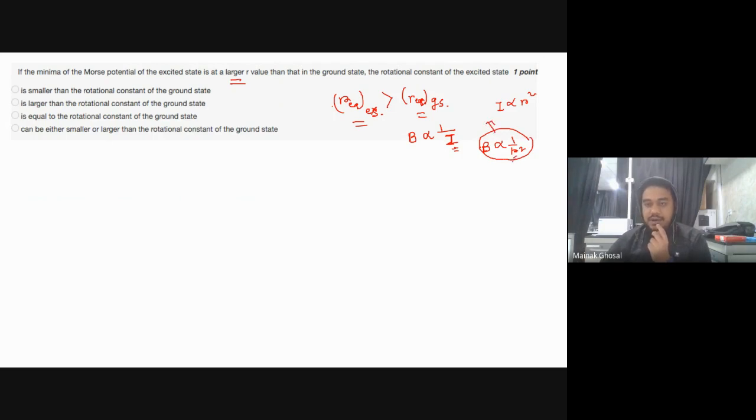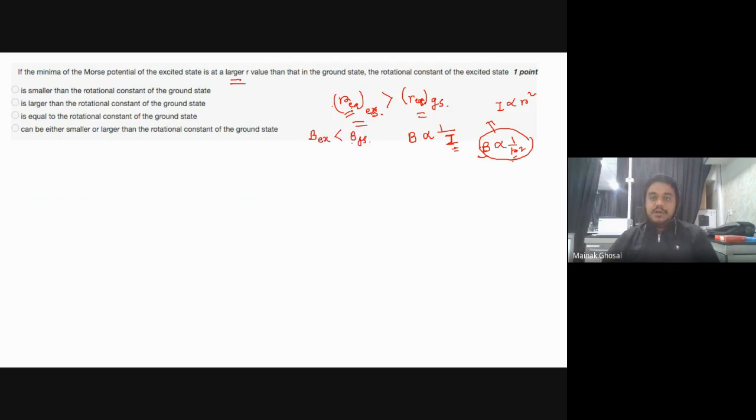So if you increase r, what will happen? B will decrease, right? In the excited state, R equilibrium is higher than the ground state, so B of the excited state is lower than B of the ground state.